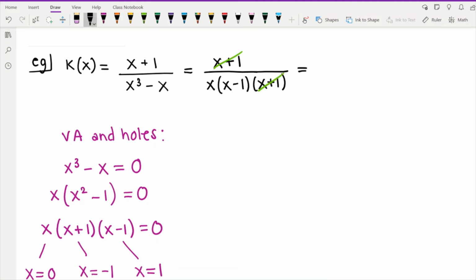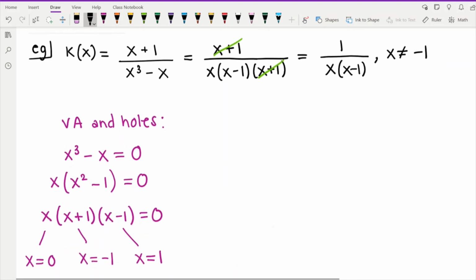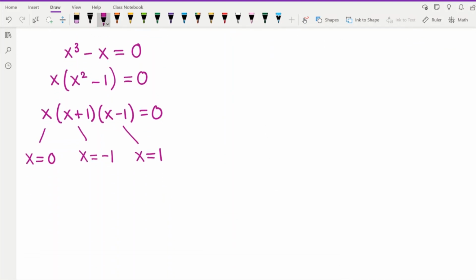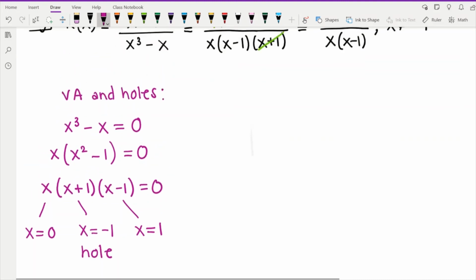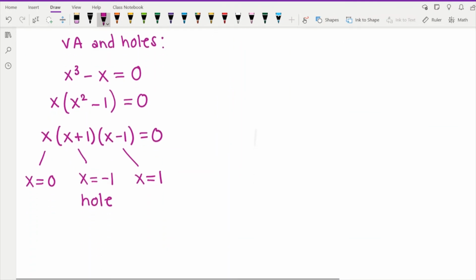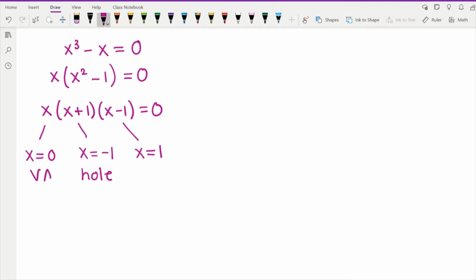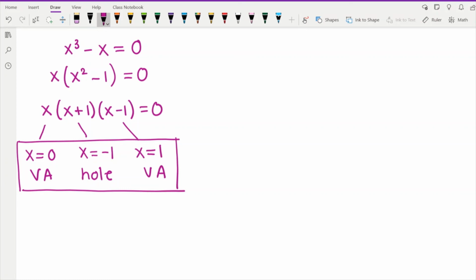So this function could be rewritten as 1 over x times x minus 1 with the added restriction that x cannot be negative 1, because that's kind of the place that was undefined that we were able to cancel out. And so what does this tell us? This tells us that the one where x was negative 1, well, that's the one that's a hole, right? Because that was the one that canceled out. The x plus 1 was also in the numerator, whereas these two are vertical asymptotes because they did not cancel out. So we should see later on that our graph has two vertical asymptotes and a hole.